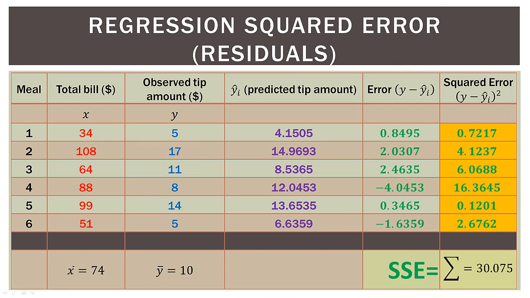Now, of course, as we do with other errors, we have to square those differences. So the difference of 0.8495 for the first meal, if we square that residual, it is 0.7217. For the second meal, the difference is 2.0307. We go ahead and square that, and it's 4.1237, and so on and so forth.